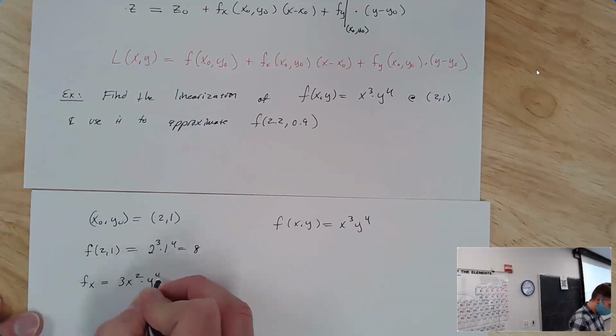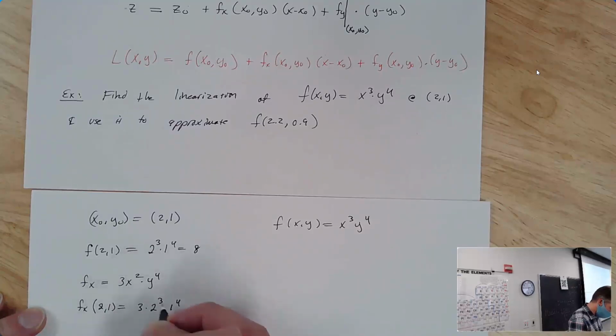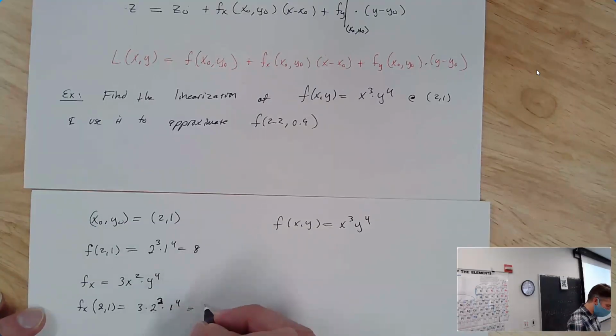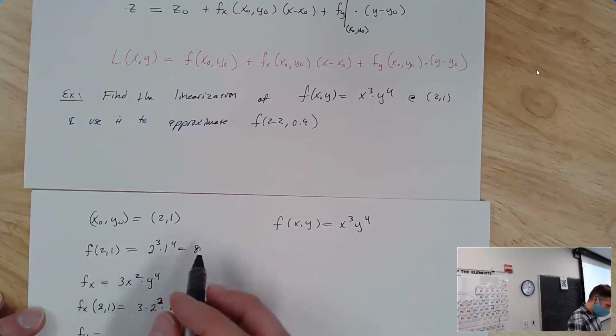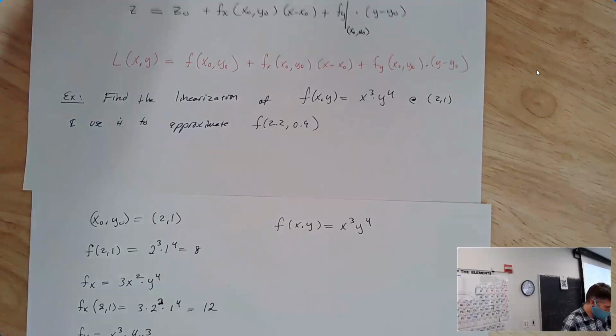So that's going to be 3x squared times y to the 4th. And then evaluating it at the point 2, 1 is going to be 3 times 2 squared times 1 to the 4th, which is 3 times 4 times 1, so 12. And fy is going to be the partial with respect to y, x cubed times 4y cubed.